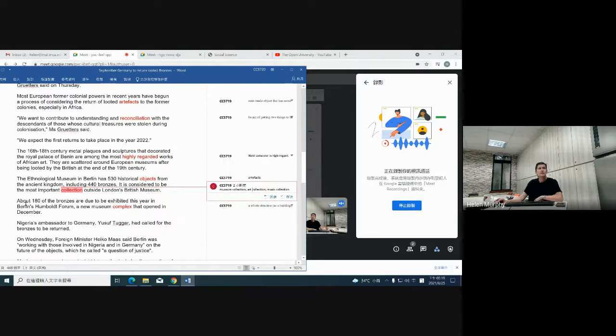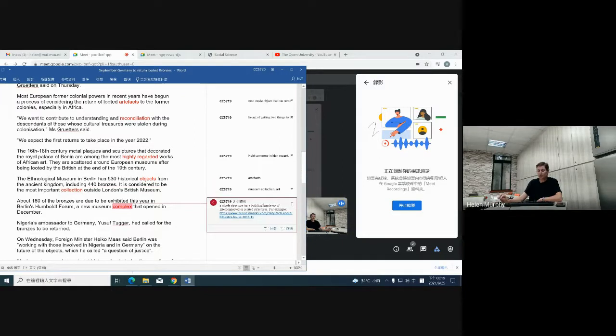Okay, then we talk about the next sentence. About 180 of the bronzes are due to be exhibited this year in Berlin's Humboldt Forum, a new museum complex that opened in December. Okay, so why do we say complex? Complex, obviously, we know means very complicated, very detailed, something that has many moving parts.